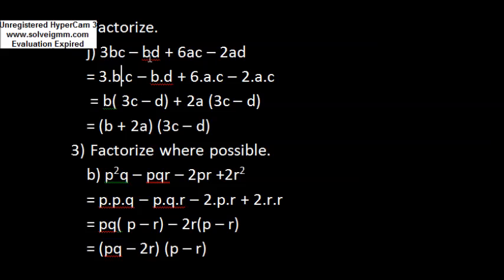So the factors of bd are b into d, and 3bc, these factors are 3 into b into c. Similarly, 6ac you can write in this way also: 2 into 3 into a into c minus 2 into ad.